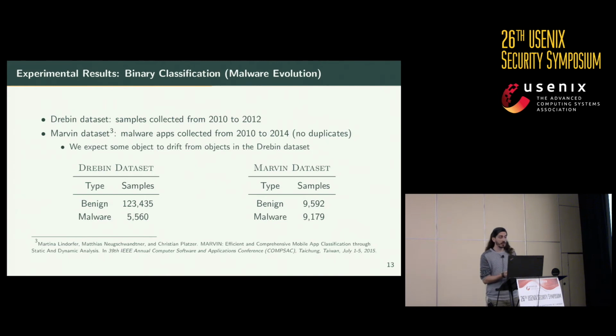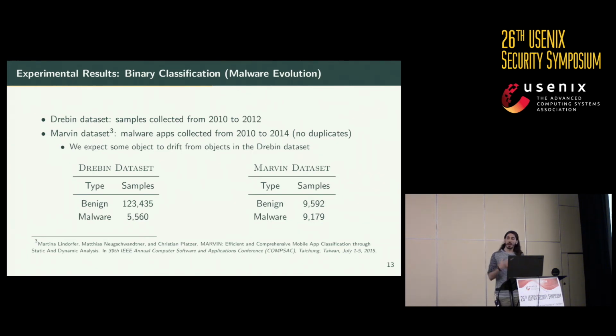Marvin is an algorithm published at ComSTAR in 2015, and it has malware applications collected from 2010 to 2014. Of course, we remove the duplicate applications that already exist in the Drebin dataset.